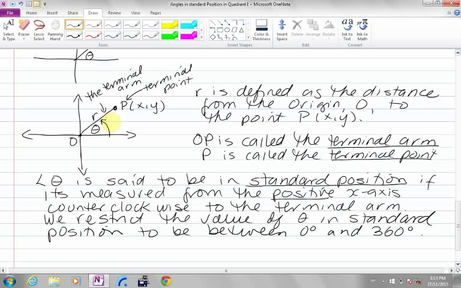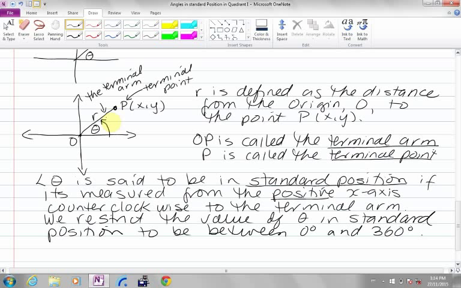The reason that we restrict it between 0 and 360 degrees is because if we move counterclockwise, we could get there if we went 1 and a bit rotations, or 2 and a bit rotations, and so on. So again, there would be multiple angles that would end on that terminal arm. We need there to be 1.